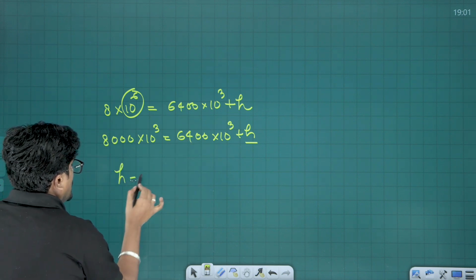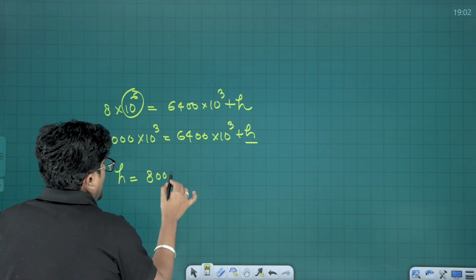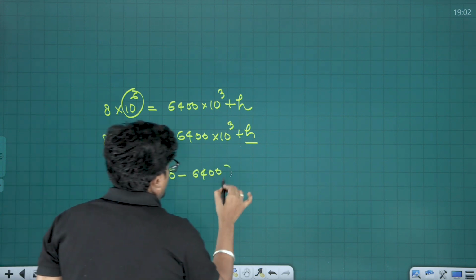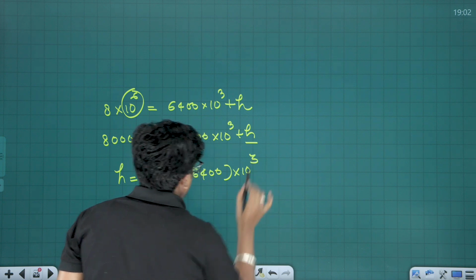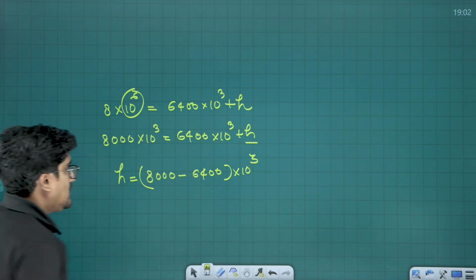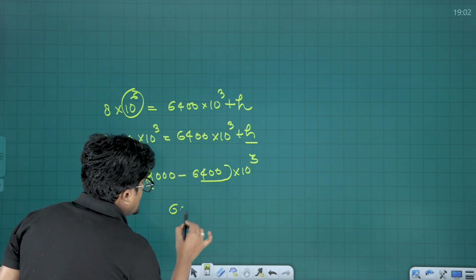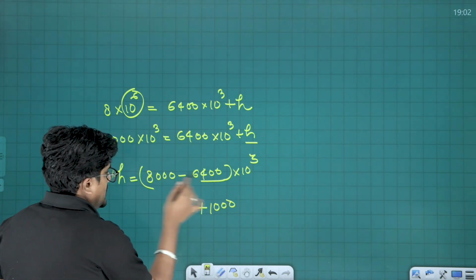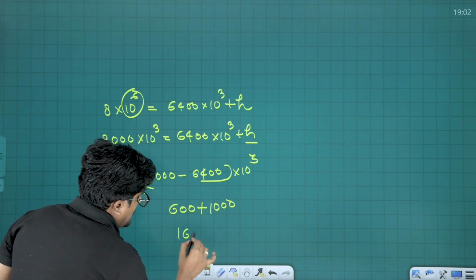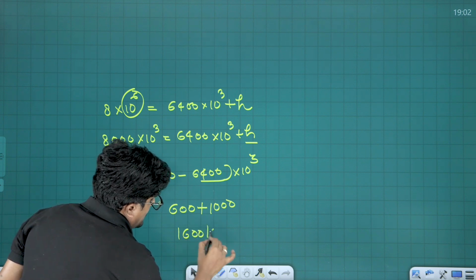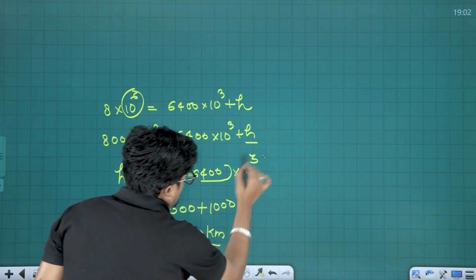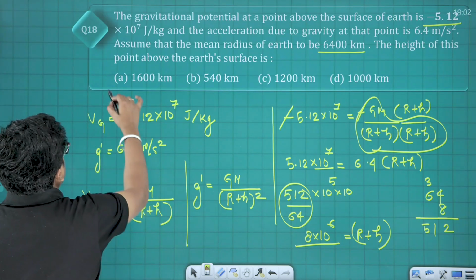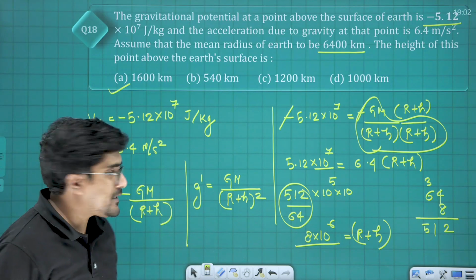H is going to be 8000 minus 6400 into 10 to power 3, so this is going to be 1600 kilometers, which means option A needs to be the correct answer in this case.